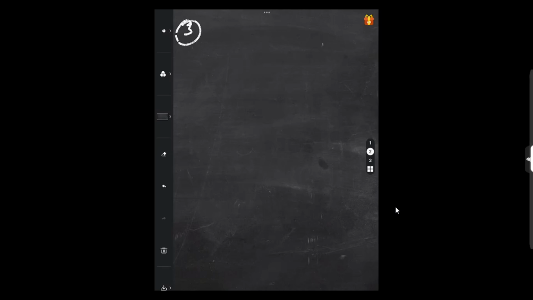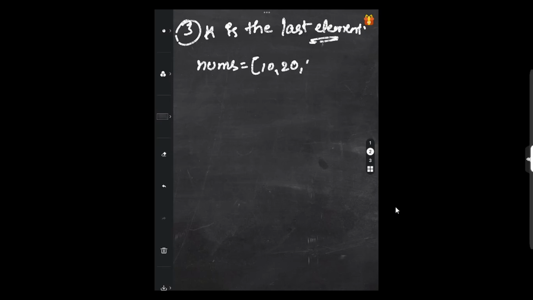Now let's move on with the third edge case, where k is the last element. When k is the last element, let me consider input nums 10, 20, 30, 40, and k equals 4, right?